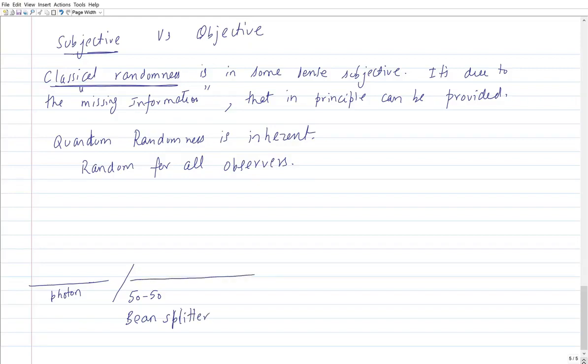And let's say I have two mirrors. And over here I have another 50-50 beam splitter.